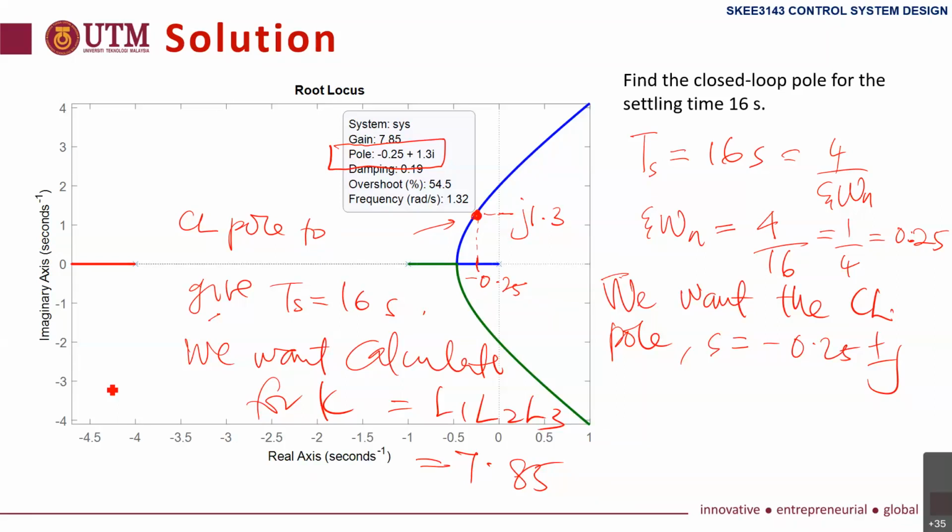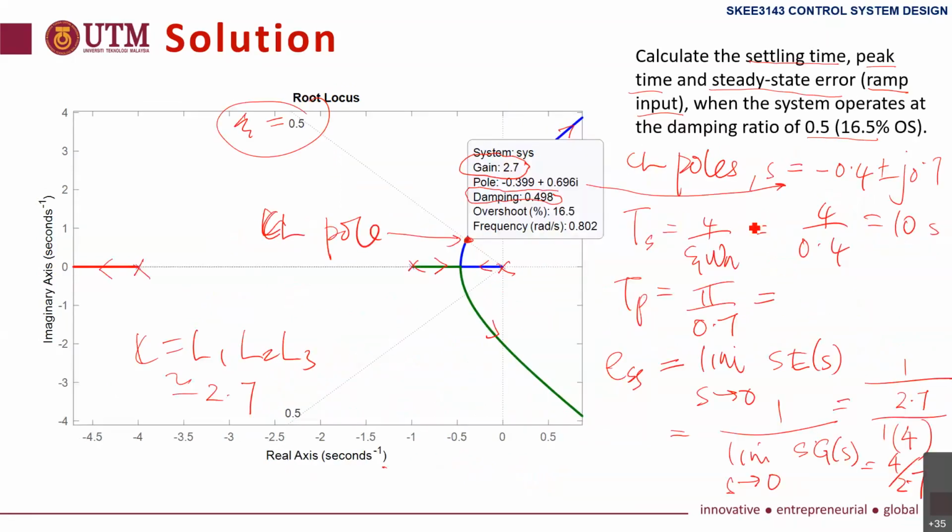Peak time you can get from the imaginary axis value. Then, of course, based on the root locus, you can find the real axis value. So we use this formula.